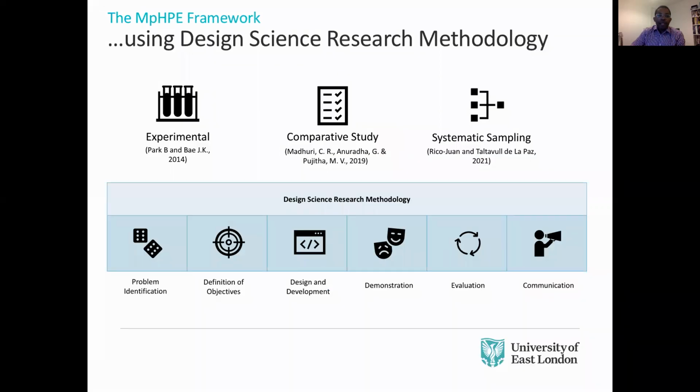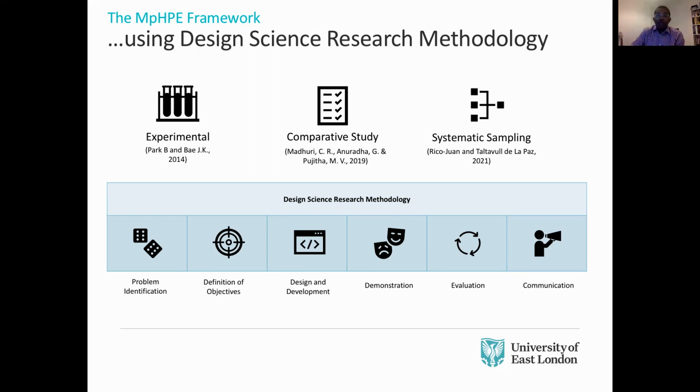This paper has leveraged the design science research methodology. There are a number of research methods that have been explored, including experimental by Pak B and Bay, JK in 2014, comparative study by Madhuri et al. in 2019, systematic sampling by Rico Juan and Tileville La Paz in 2021.